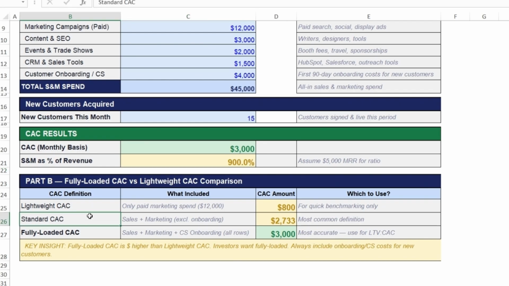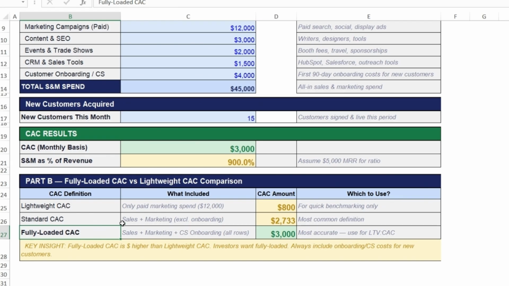Next one we have is the standard CAC, where we take into consideration sales and marketing expenses. This is again used by the company in case they want to have a quick go around how their sales and marketing spend are doing with respect to customer acquisition. Next, and the most used one, is fully loaded CAC. One thing to understand here is investors always want to know the fully loaded CAC, not your lightweight CAC or standard CAC.